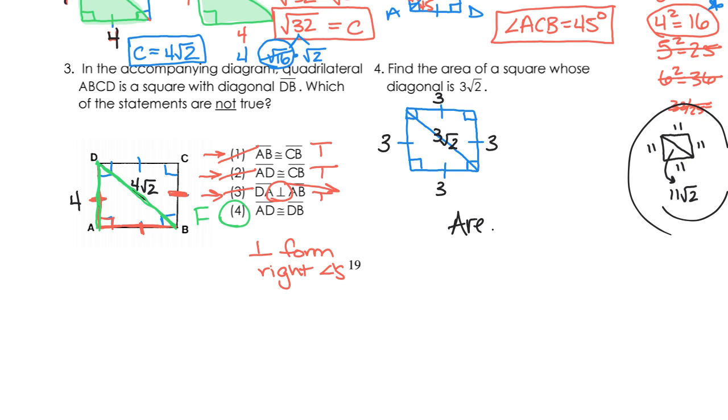And if you remember a little bit, area is equal to length times width, or base times height, like it is called on our reference sheet. Well, the base of our square is 3, and the height has to be perpendicular, which is a good thing that those right angles are there. The height would also be 3, and 3 times 3 is 9. And so it would be 9 units squared for my area.